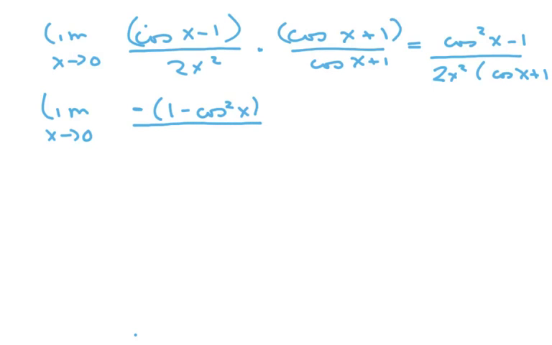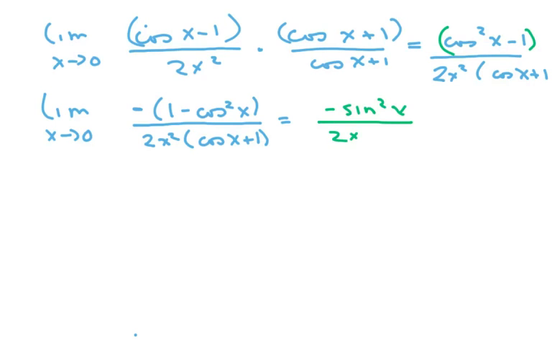And then at the denominator, I'm going to have 2x squared times cosine x plus 1. Okay? So I just rewrote this by pulling out a negative. And that's going to be negative sine squared of x over 2x squared times cosine of x plus 1.